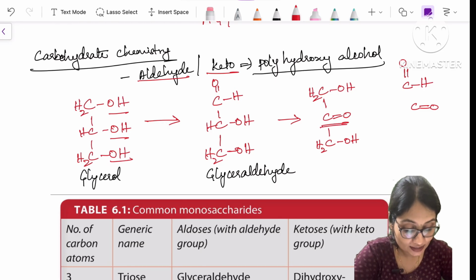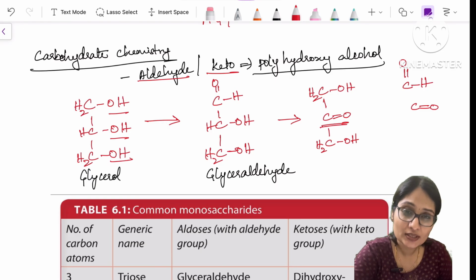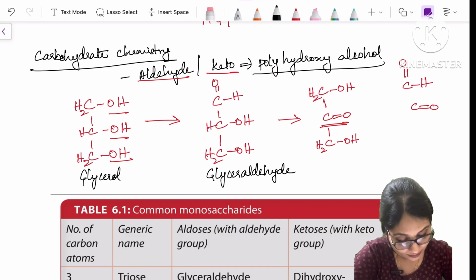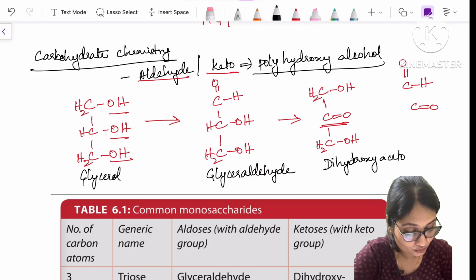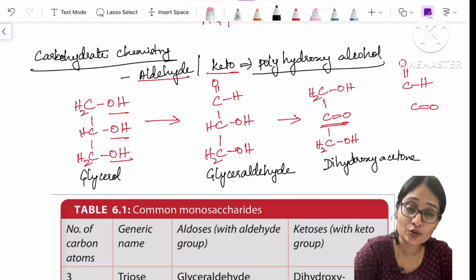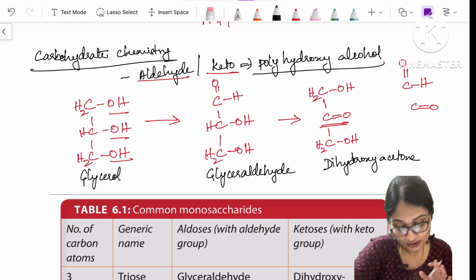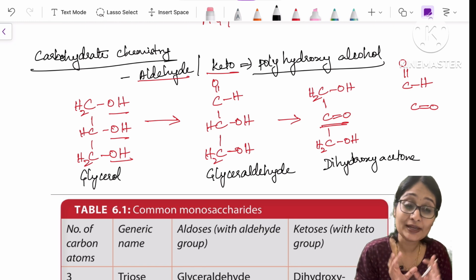So this is a keto derivative of glycerol. What is this called? This is called by a special name, dihydroxyacetone. So this is in short about what carbohydrate means.